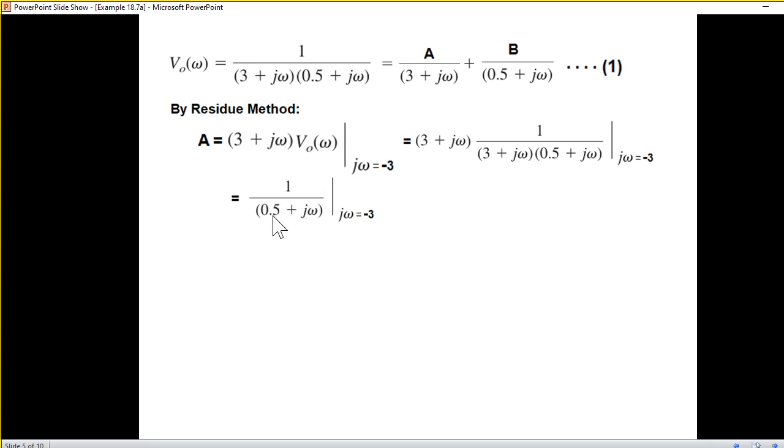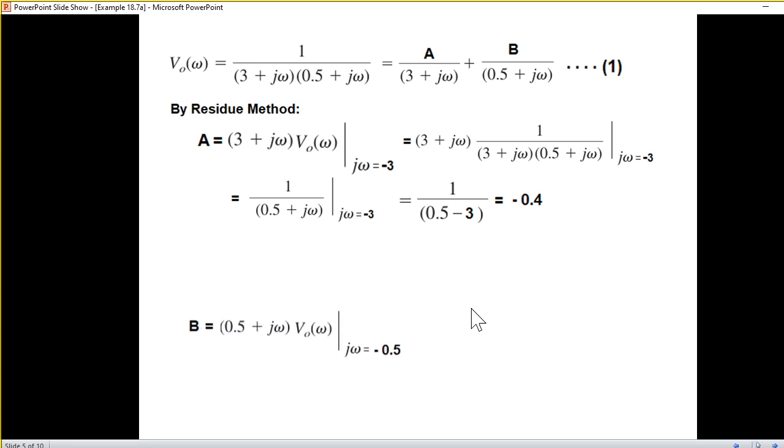So we get 1 divided by (0.5 + jω), and the condition remains jω equal to minus 3. Plugging in the value, it will be 1 divided by (0.5 − 3), since jω is minus 3 here. Solving, A becomes minus 0.4.